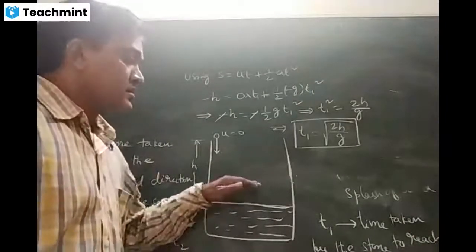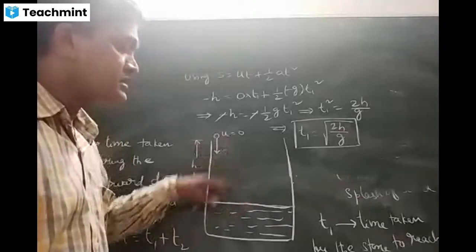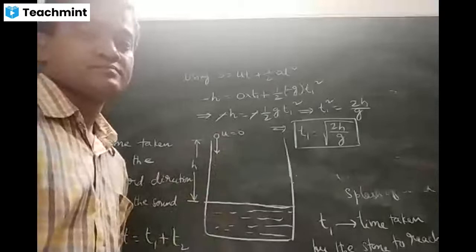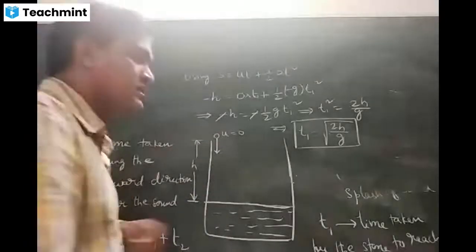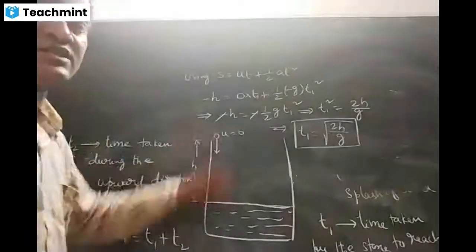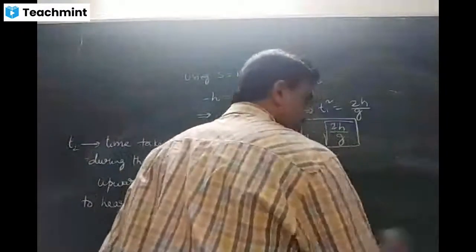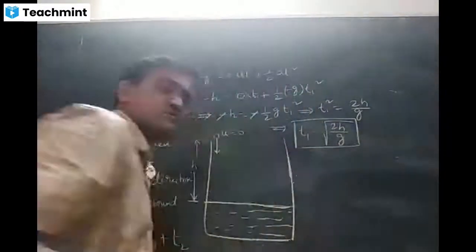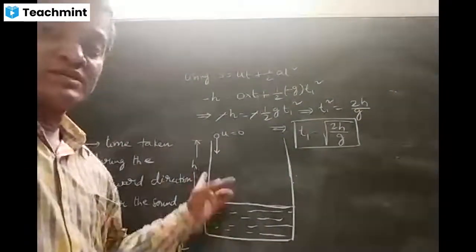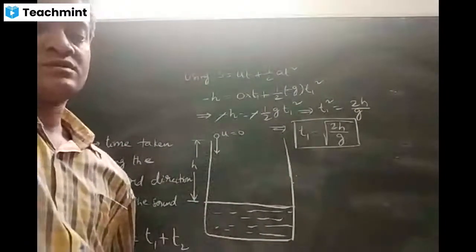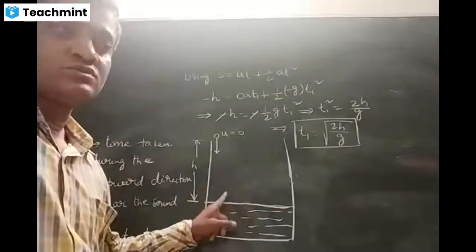But again, what is the distance covered during the upward journey? Plus h, because during the upward journey it has to cover the same distance. With what speed does the sound go? 330 meter per second.